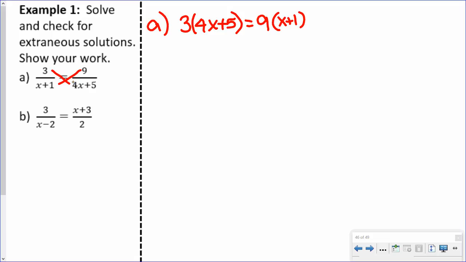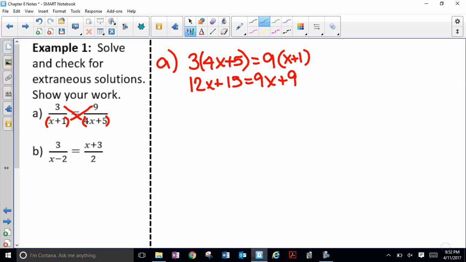So when there's that addition sign or subtraction signs, remember those are wrapped in parentheses. Okay, now we just do Algebra 1 skills. So solve, distribute. Okay, then I'm going to subtract 9x.